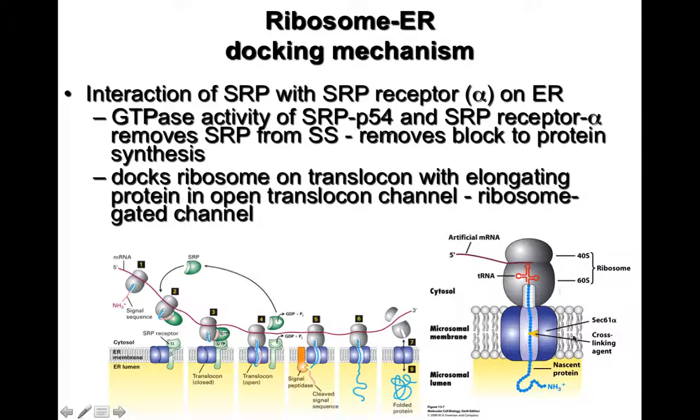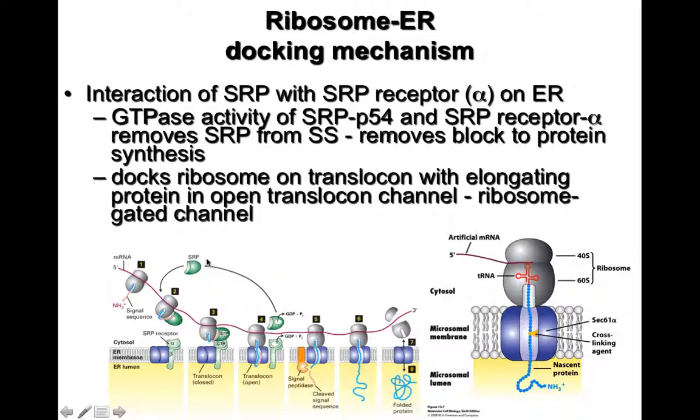It helps dock the ribosome onto the ER membrane, where the ribosome binds to a specific protein structure embedded in the membrane. This protein structure is called the translocon.